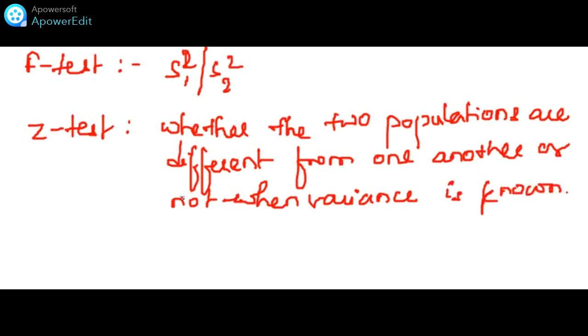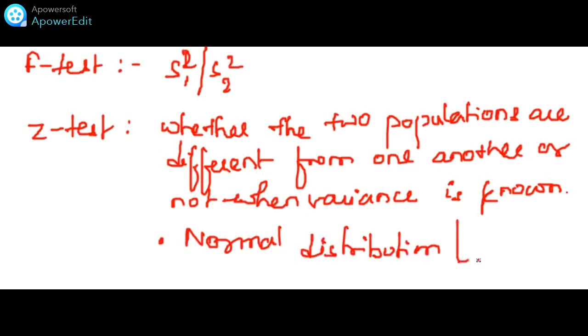So the Z-test checks whether two populations are different from one another when variance is known, and it is used to test hypotheses which follow a normal distribution. The normal distribution curve, if you know, is a bell-shaped curve.